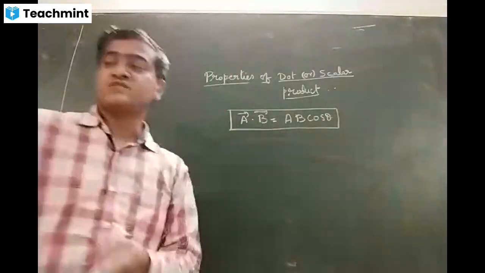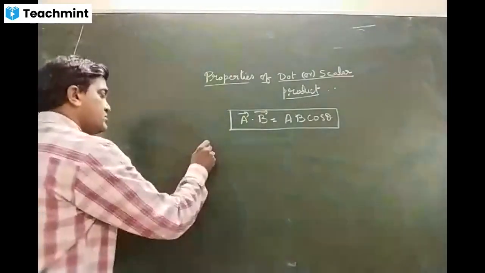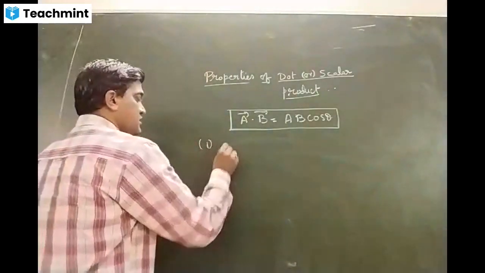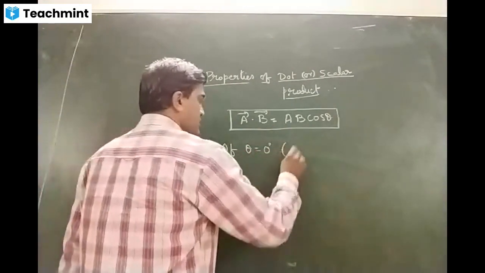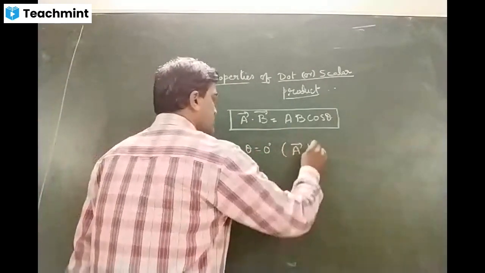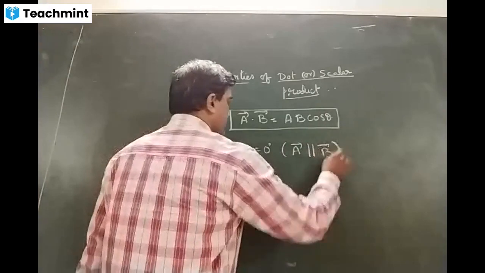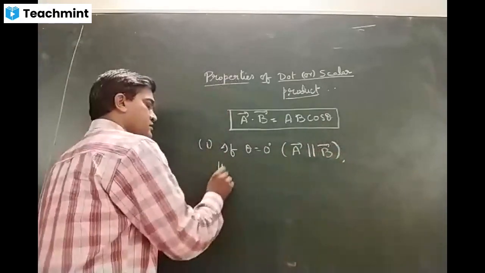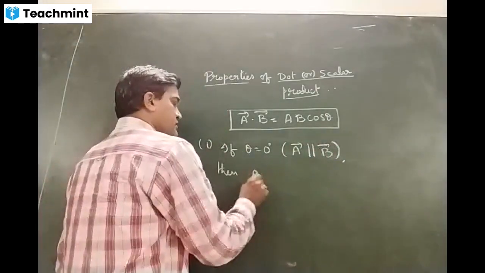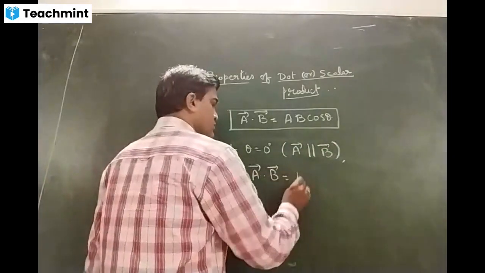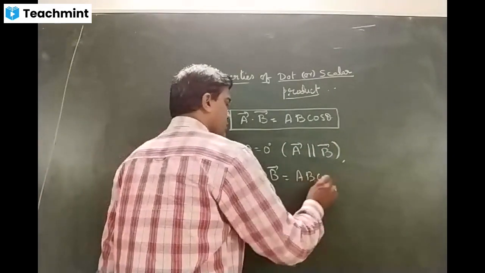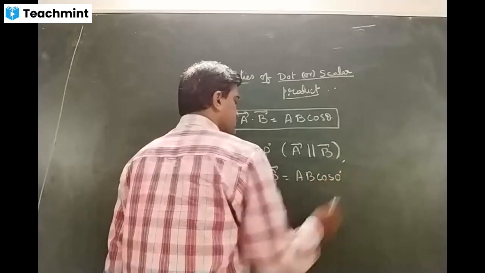So let me write the first property. If theta is equal to 0 degrees, that means A bar is parallel to B bar, then A bar dot B bar is equal to AB cos 0 degrees.